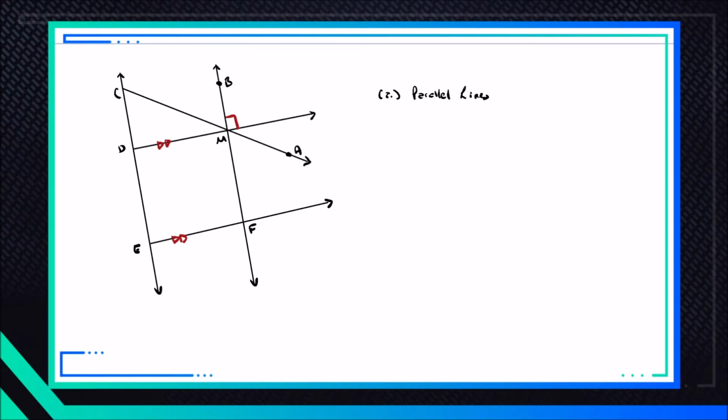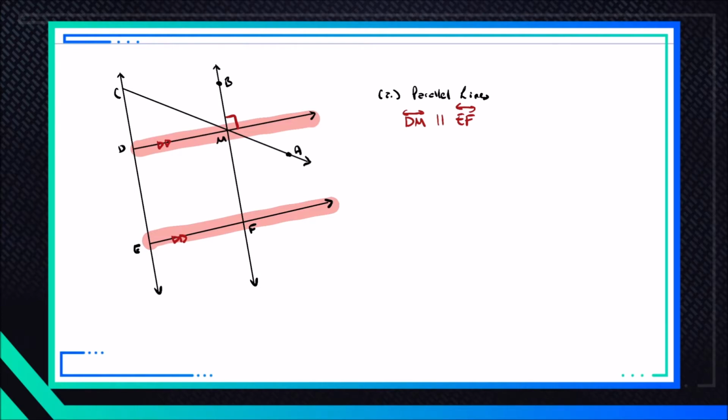Well, we are given a set of parallel lines. That's identified with those two red triangles. So those are going to be that line and that line, and they are parallel. So we would say that line DM and line EF are parallel. So DM is parallel to EF.